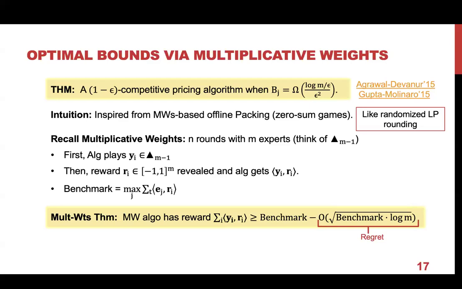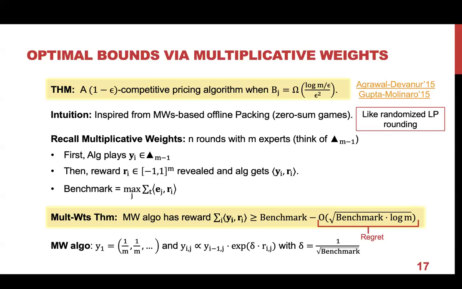Some of you might have seen it in terms of square root n instead of square root of the benchmark, but you can show that the same analysis goes through with square root of the benchmark instead of square root of T, or square root n. The algorithm is some kind of exponential weights, where you maintain a distribution over these experts, and depending on their rewards, you exponentially adjust it proportional to how much reward they're achieving. And this kind of algorithm works. So I'm going to assume this.